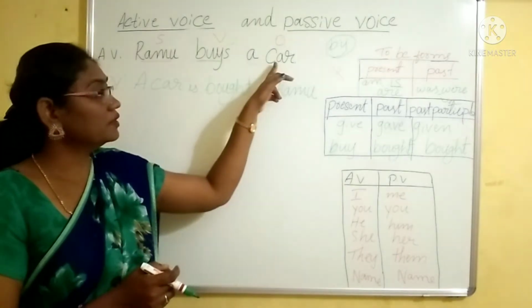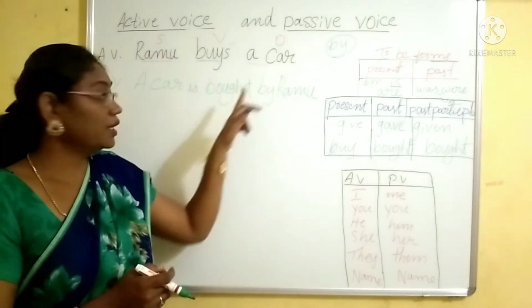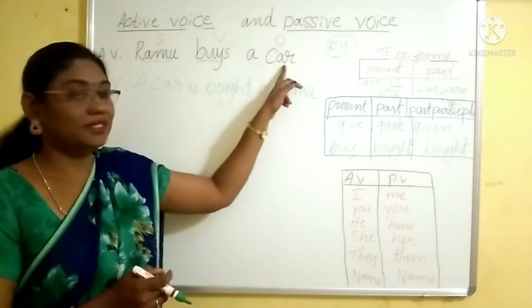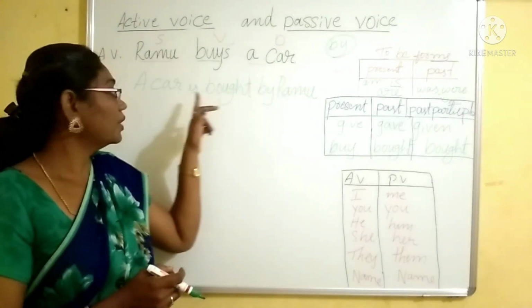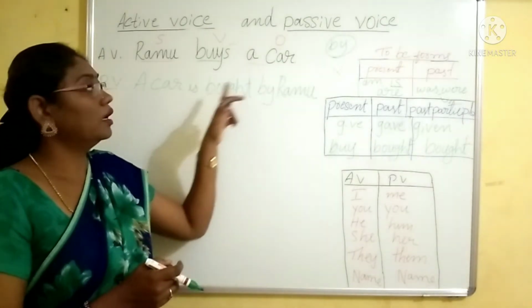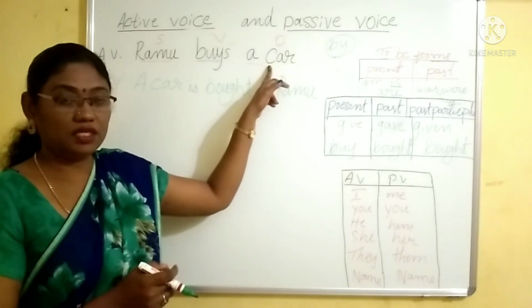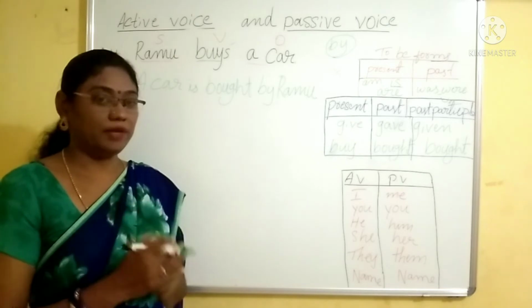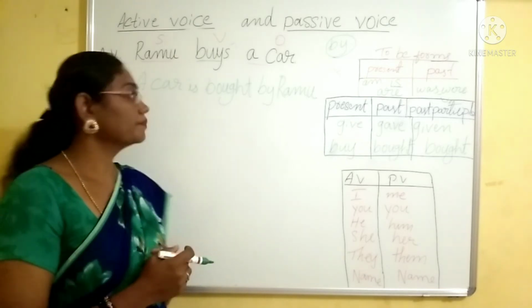If the object is plural, we have to use are. If the object is singular, we have to use is. This is an easy method to follow.